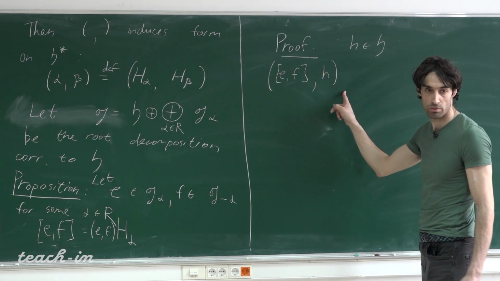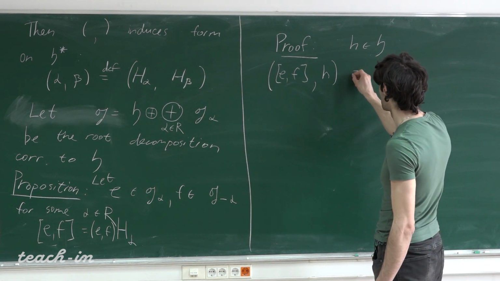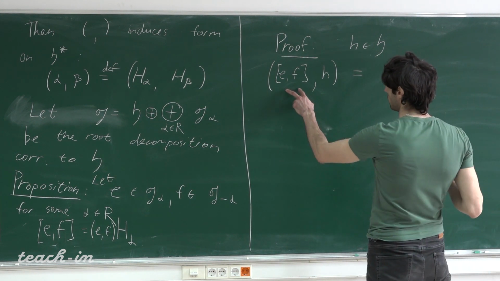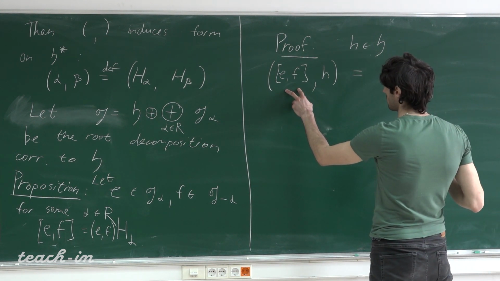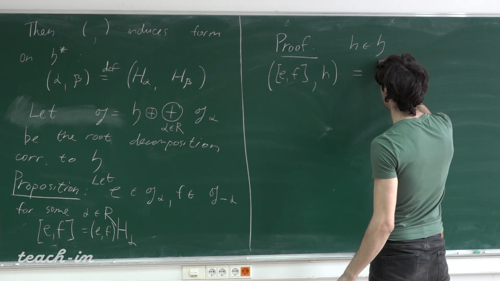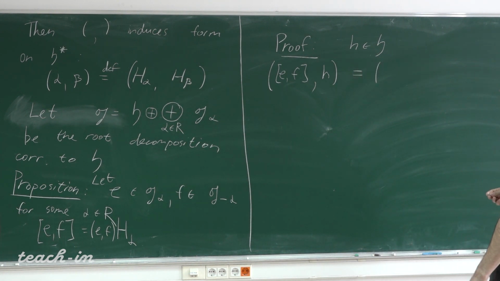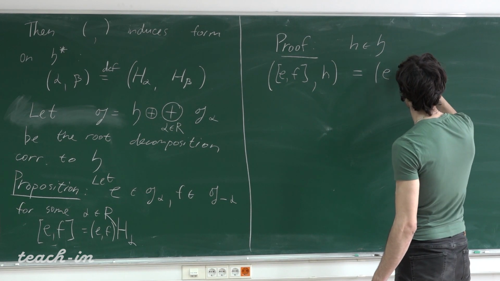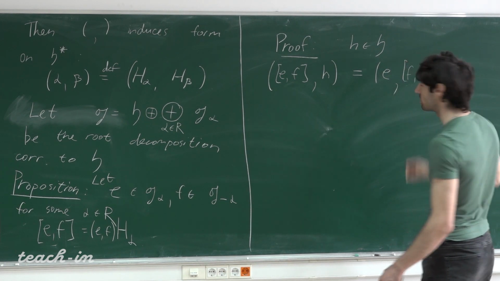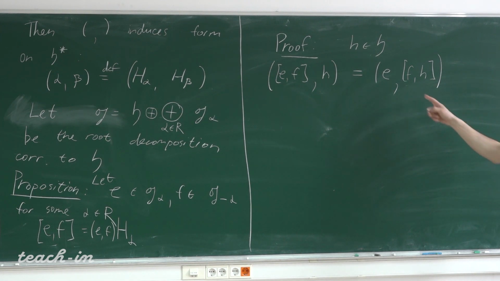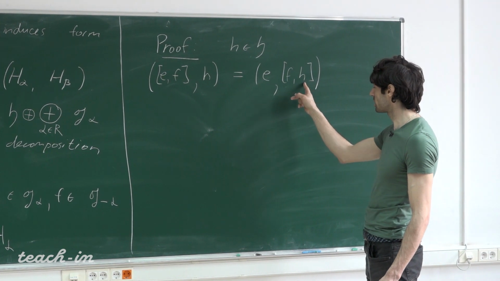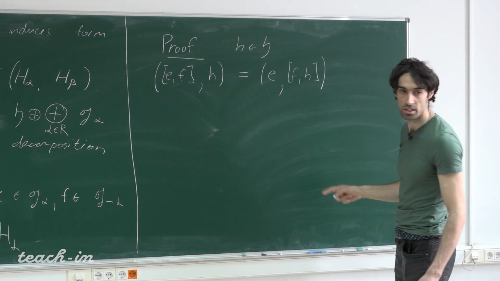Using invariance of the form, I can write this down as follows. It is E and then F, H, then the adjoint action of F on H, or rather I should take minus, right?